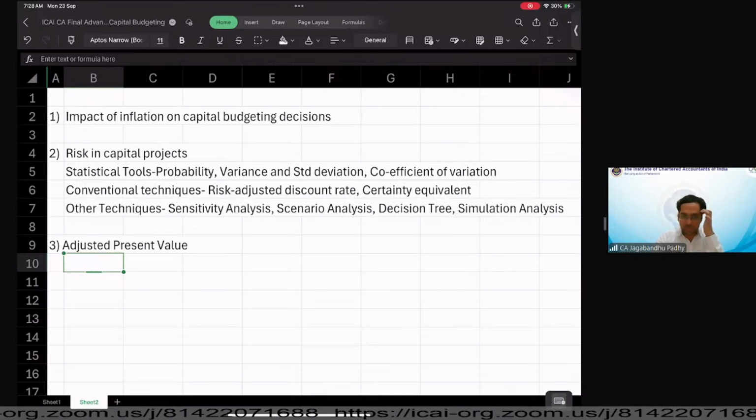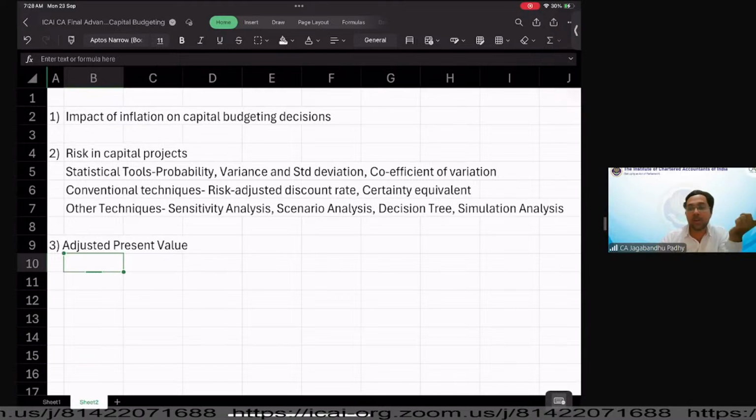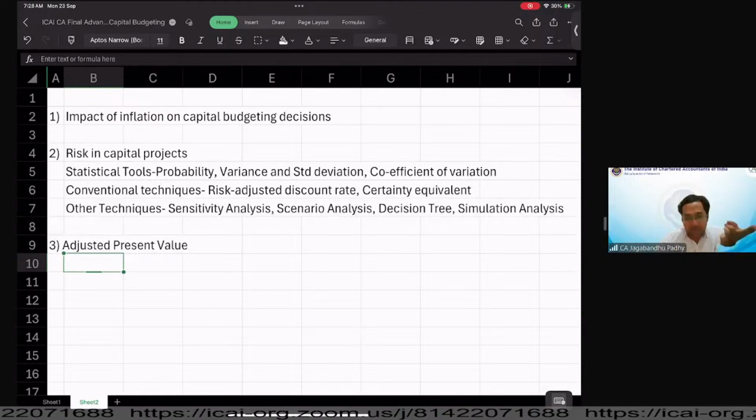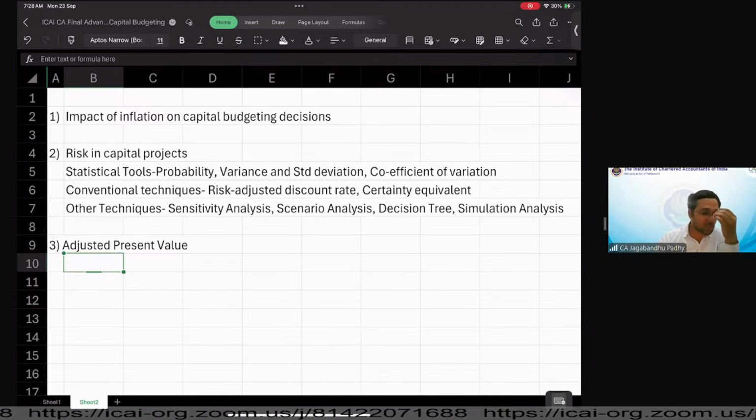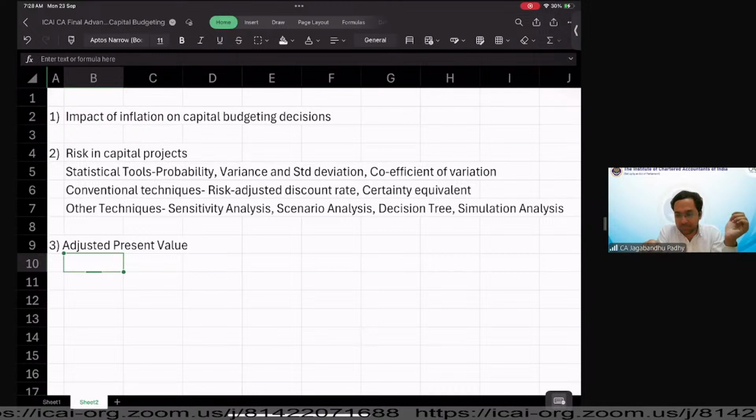So there are a lot of such aspects that we will be covering in the subsequent lectures also, such as what if there is a change in the technology, and what will be the impact of the technology change in the capital budgeting decision. Second, what will be the impact of change in the government policies in our capital budgeting decision? Like for example, if you are looking to set up a manufacturing plant for cars, and the government comes up with new emission norms.